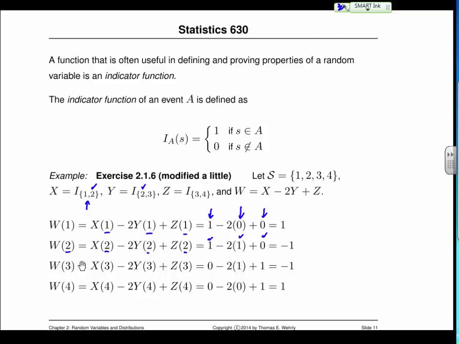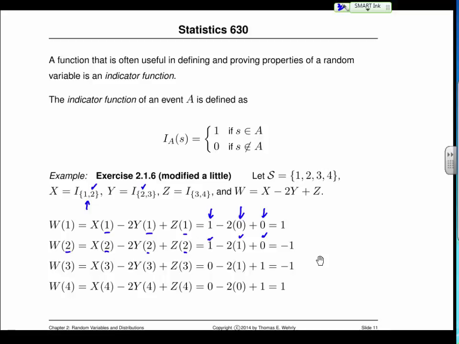So when I evaluate W at 2, I get 1 minus 2 plus 0, or negative 1. So we use a similar argument here for W of 3 and W of 4. You check whether 3 is in {1, 2}, but it is in {2, 3} and in {3, 4}. So I get a 0, 1, and 1 when I substitute in, and end up with minus 1. And we do a similar argument for W of 4.